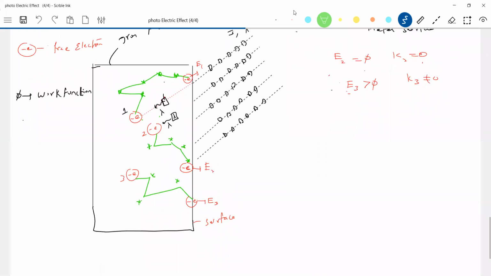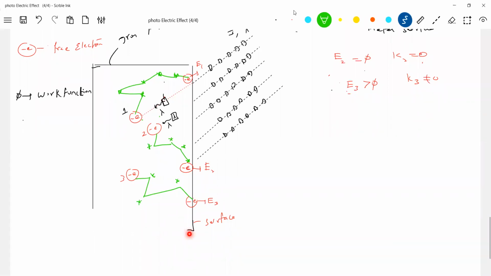Next, what happens? The photons will interact with some electrons which are near the free surface. So then immediately what happens? That particular electron will get energy and will not encounter any collision.